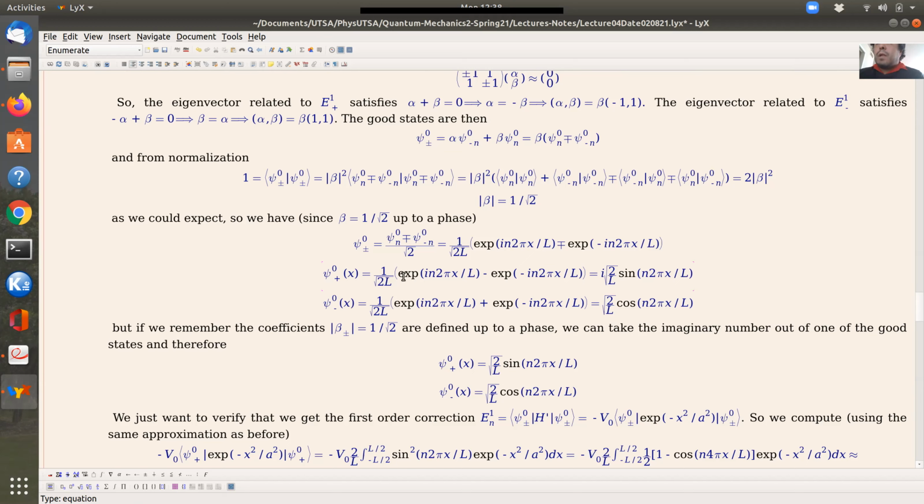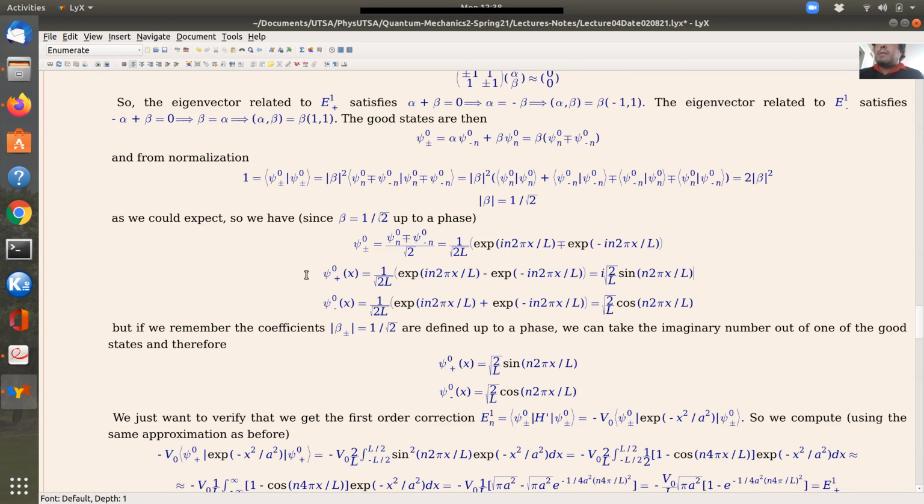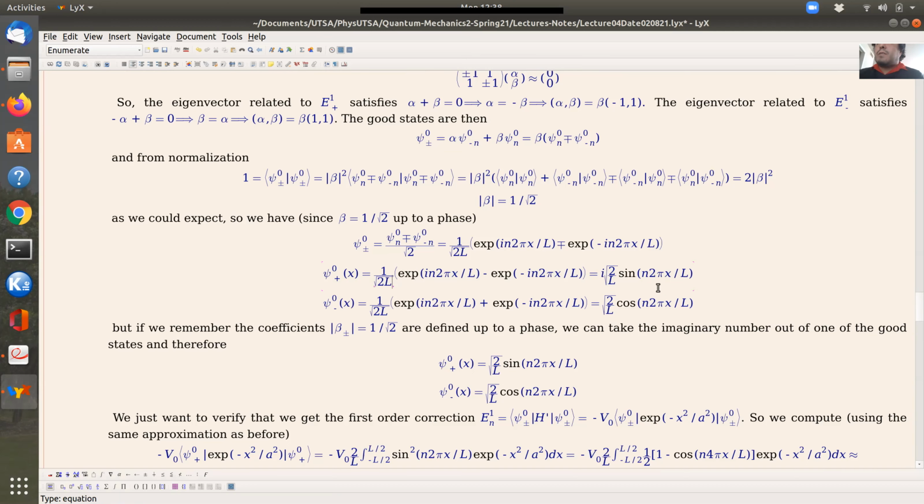So when you have this, you basically have 2i times the sine, and that's why the sine is coming out, and then the resultant division gives the 2 in the numerator instead of the denominator. The simplest case, of course, might be psi 0 minus, which has the plus sign in here. So e to the in and so on, plus e to the minus in. This will just keep the real part twice, so if you divide, the factor of 2 becomes the square root of 2 by performing this operation.